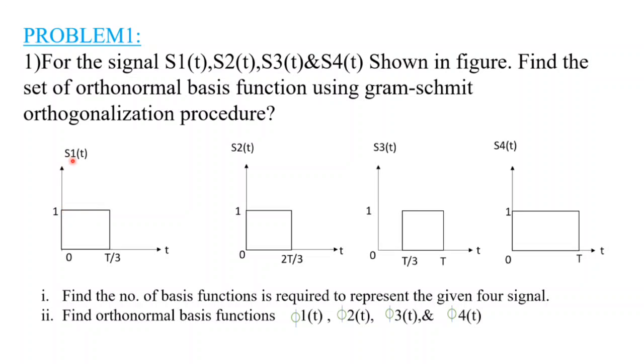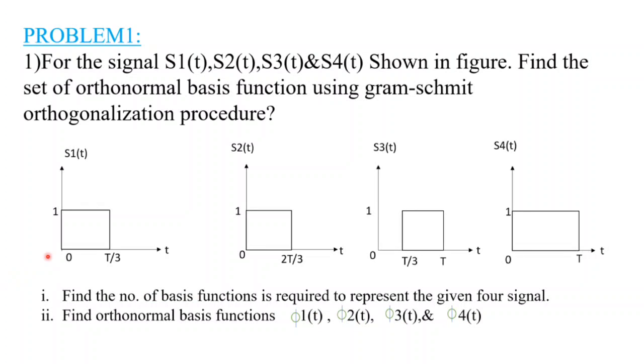S1 of t is from 0 to T by 3, S2 of t is from 0 to 2T by 3, S3 of t is from 0 to T by 3 and 3T by 3 to T, and S4 of t is from 0 to T. So we have to find the number of basis functions required to represent the given four signals, and find the orthonormal basis functions phi1 of t, phi2 of t, phi3 of t, and phi4 of t.